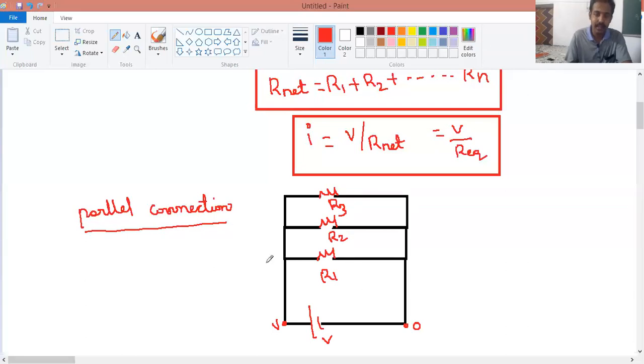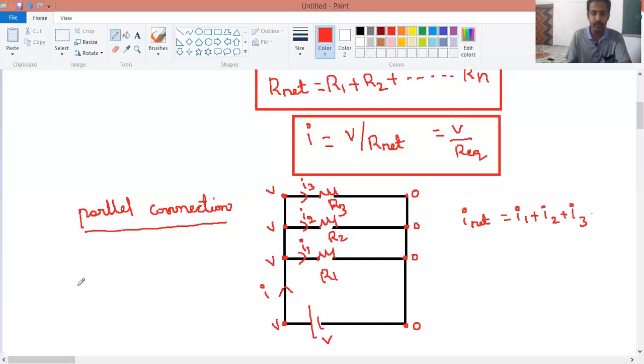Due to the connecting wire, this is V, this is 0, this is V, this is 0, and this is V, and this is 0. So what is common across each and every resistor? V is common. But if I amount of current has been generated in the circuit, this current gets divided into three parts: one part is I1, one part is I2, and one part is I3. So I net, the total current, is equal to I1 plus I2 plus I3.